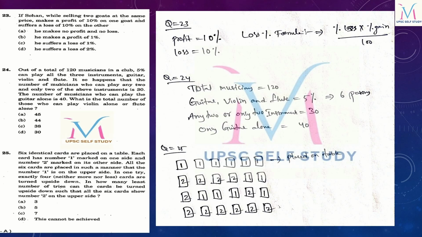So when we throw these identical cards, 4 cards are turned into 2s. Look at the second line: 2 2 2 2, 4 2s and 2 1s. Firstly they are placed showing 1 on the top, and when they are thrown up and falling down, 4 cards are turned. So 2 cards are showing 1 on the upper side, and four cards are showing 2 on the upper side. Okay, in one try.